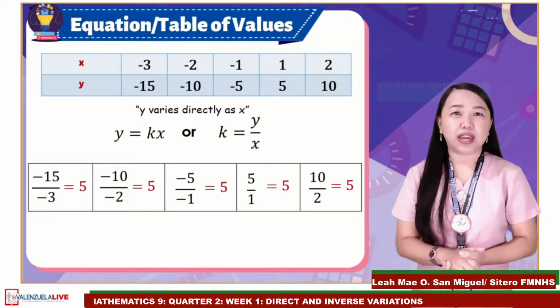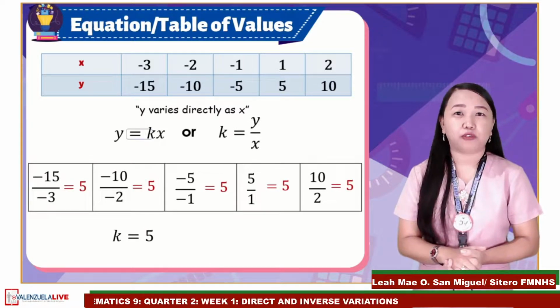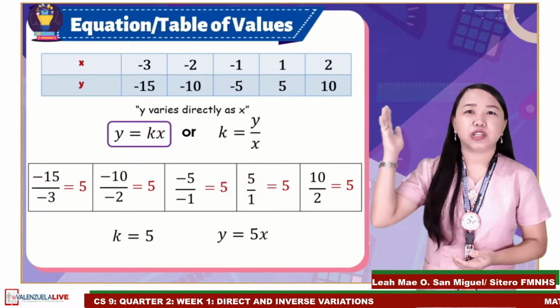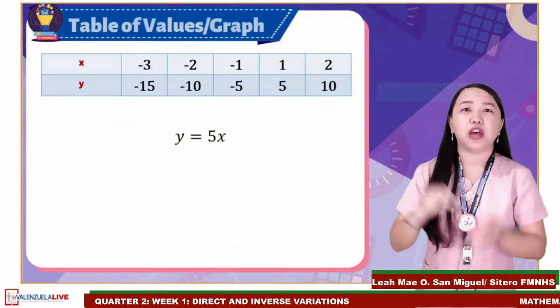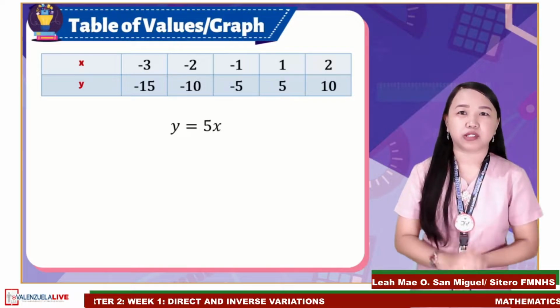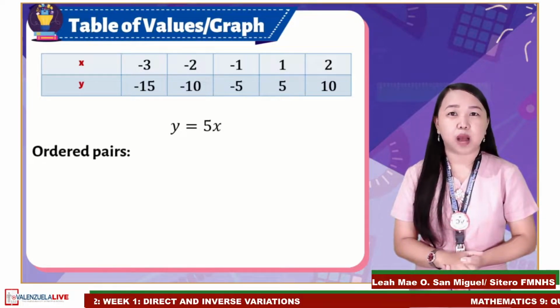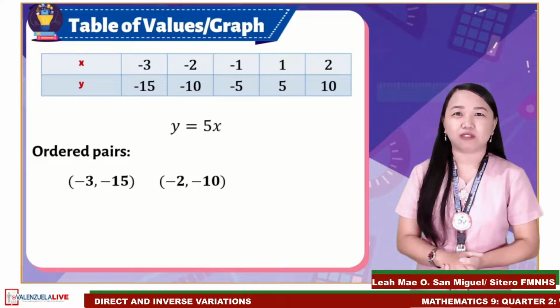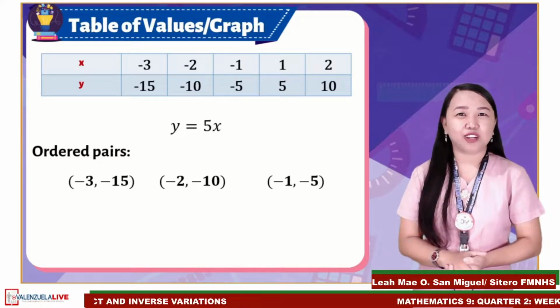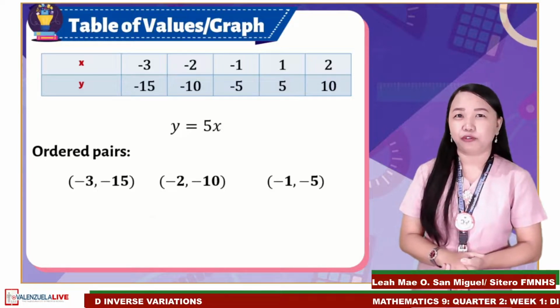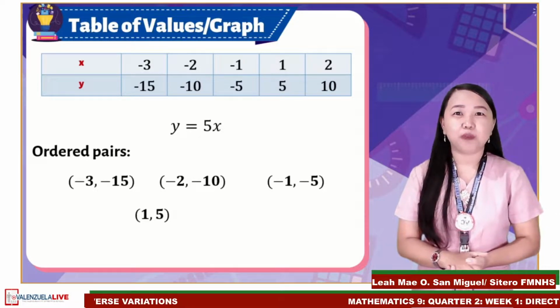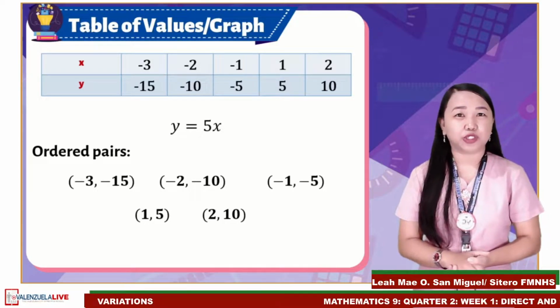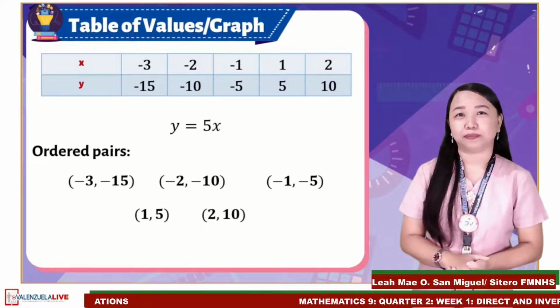It's y is equal to 5x. Out of this table of values, we have 5 ordered pairs: (-3, -15), (-2, -10), (-1, -5), (1, 5), and (2, 10).